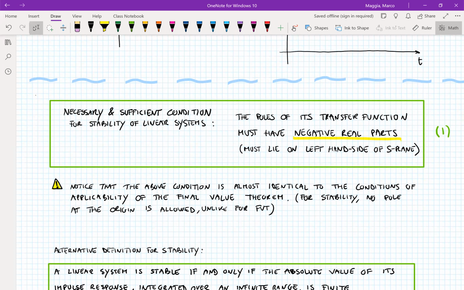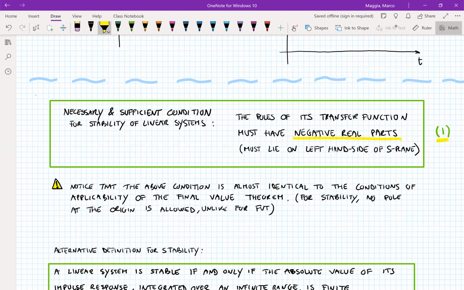Now notice that this condition, which I've numbered with 1, is very similar to one of the two conditions that we've already encountered when we defined the applicability of the final value theorem. It's not really the same, because for the final value theorem, we wanted all the poles to have negative real part, or we had an exception for just one pole at the origin. For linear systems to be stable, that cannot be the case. We cannot have even one single pole at the origin.